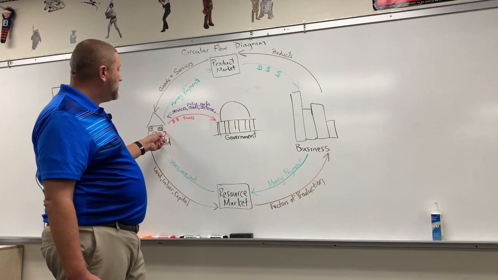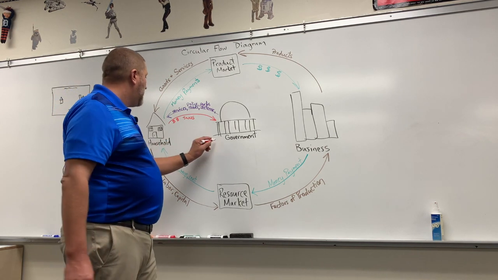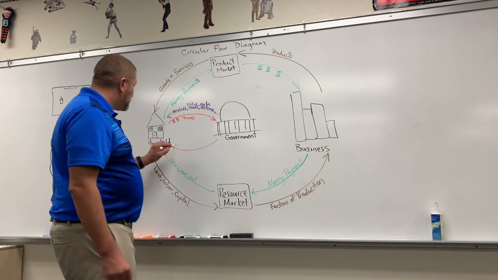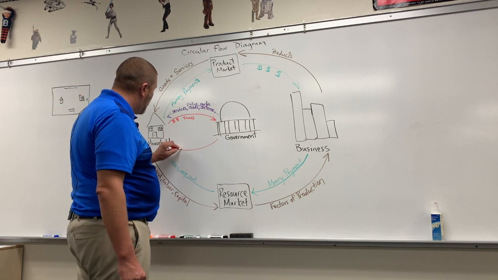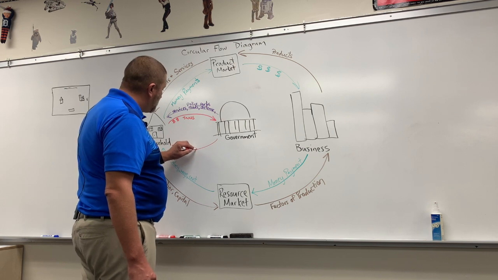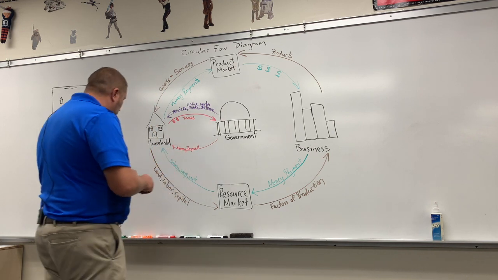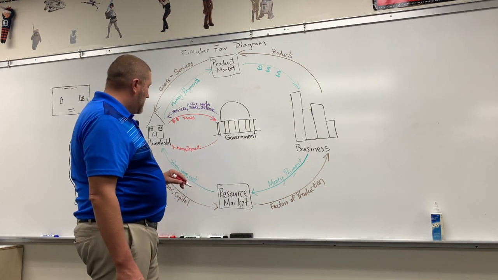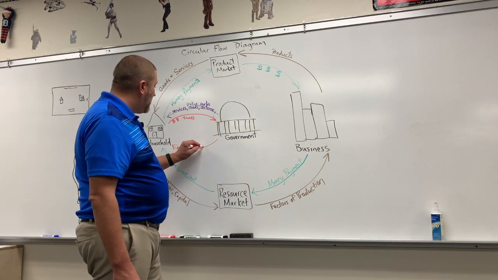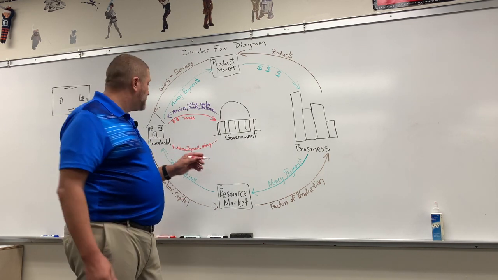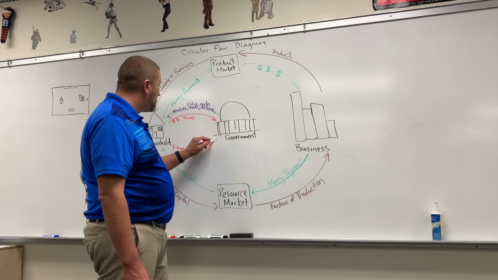Well, who works for the government? People do. How does government give households money? This is some form of money payment. That could be in the form of money payment for salary, because you have to pay your workers salary, wages.